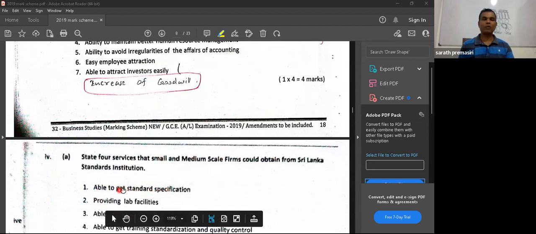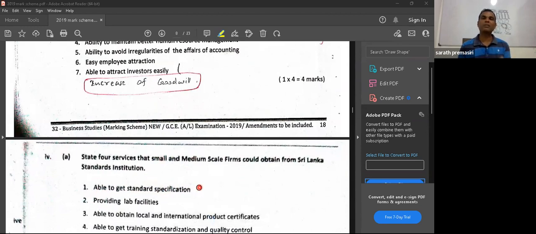Then, able to get standard specifications. You see SLS certificates. There are some SLS certificates given to some products. It emphasizes that it is a third party certification with regard to products. Now, if you purchase an SLS certified product, it means that it is up to the standard of quality.